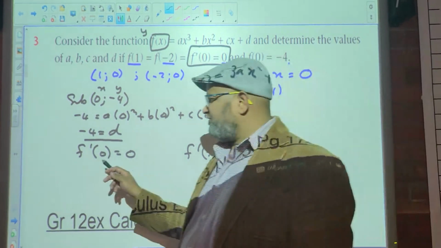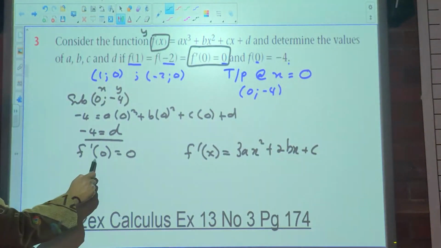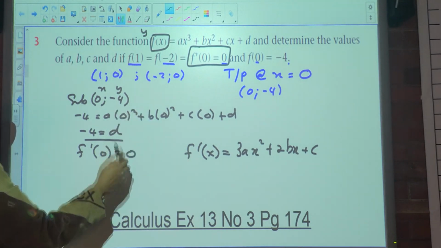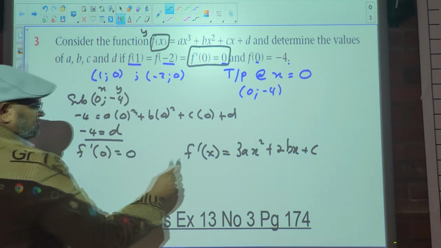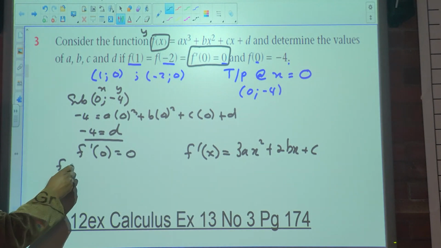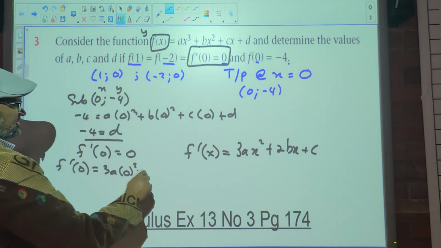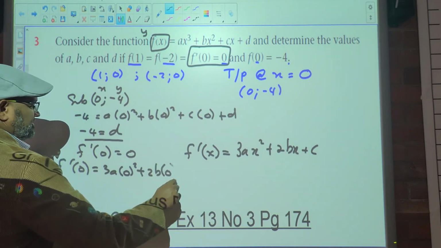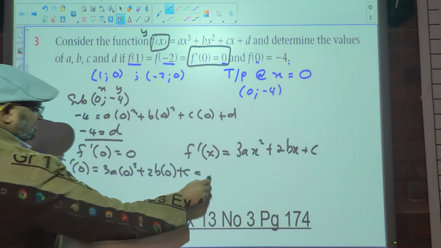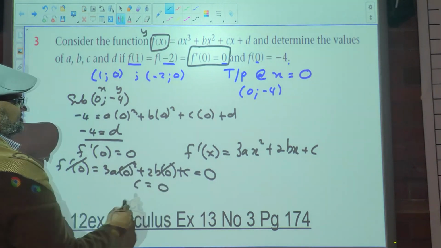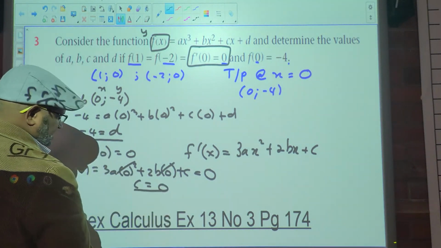So what do we say? F prime of x is 0. So the turning point is at x equal to 0. As I said, that is not a coordinate, but this is f prime x. So f prime of 0 is equal to 3a times 0 squared plus 2b times 0 plus c is equal to 0. I can drop this. That means to say c is 0. So I got my c and I got my d.